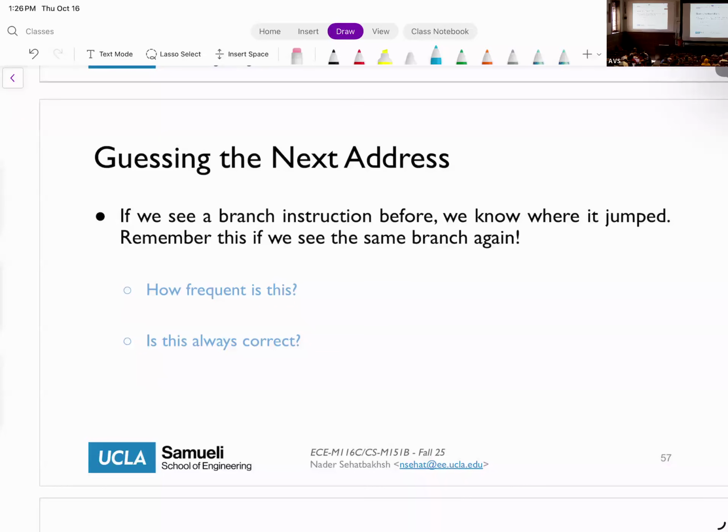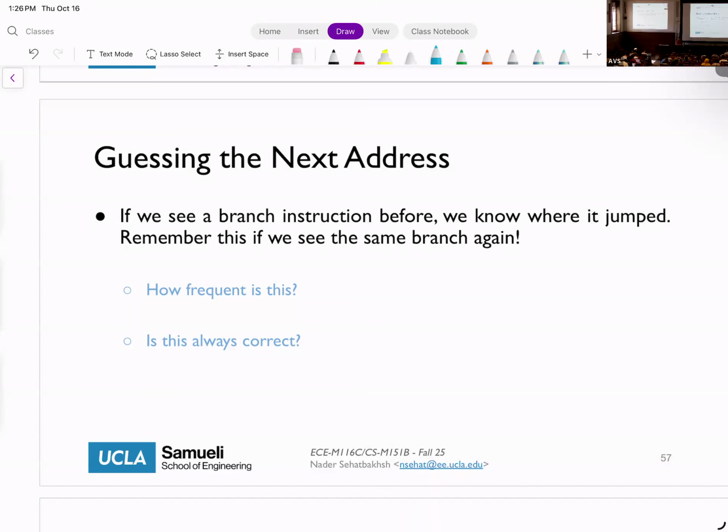I don't know any target address. I see a branch I haven't seen, so I'm going to predict not taken, the same strategy that I had before. But as soon as I see a branch, I'm going to remember the target address of this branch. Next time I see that branch, I'm going to go into that table and say, aha, I saw that branch. Here was the address. I'm going to use that address. And now all of a sudden I have my next PC.